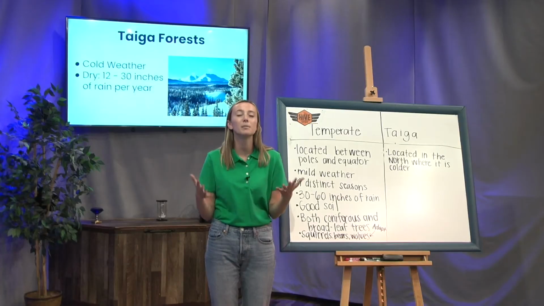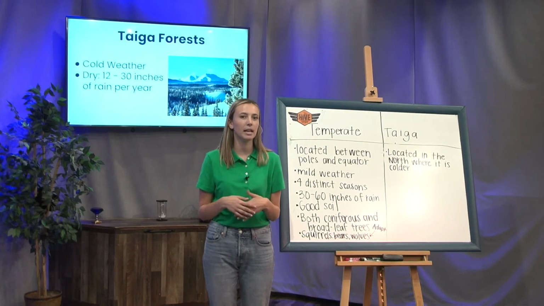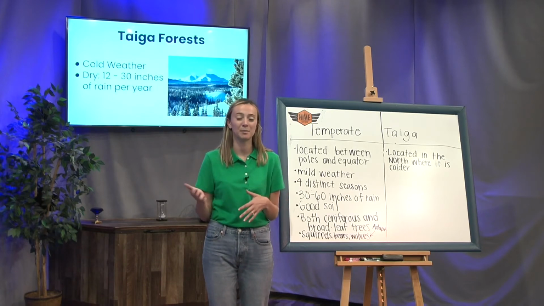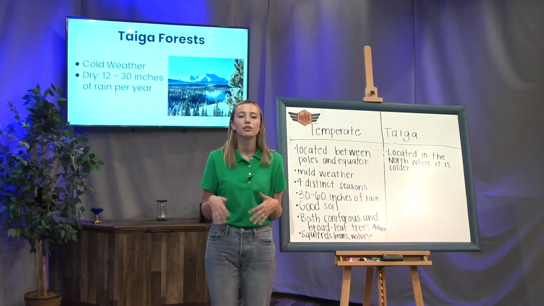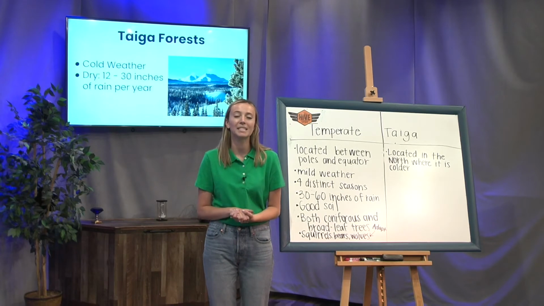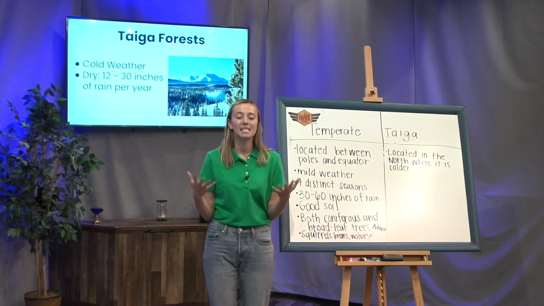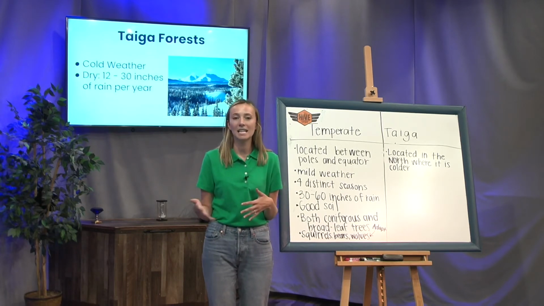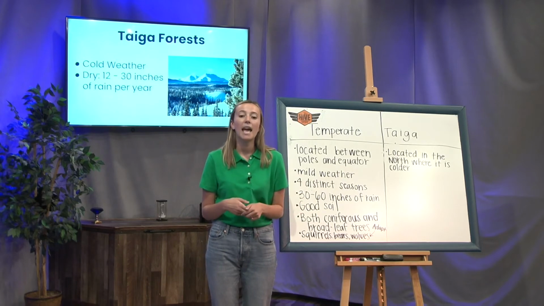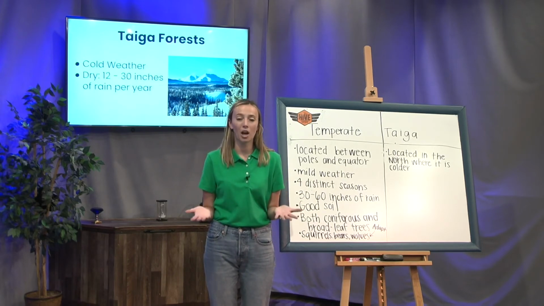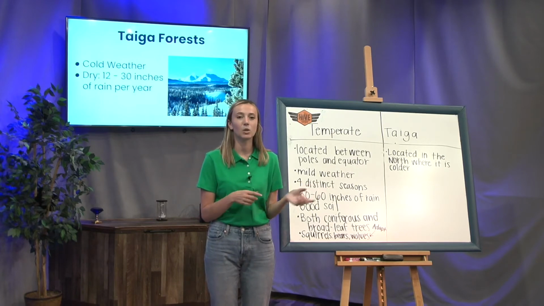Are there going to be a lot of plants that are living there or not really? There's not going to be many types of plants because it doesn't have the necessary amount of water or the good soil that a lot of plants need to grow. So let's slide to what's next.